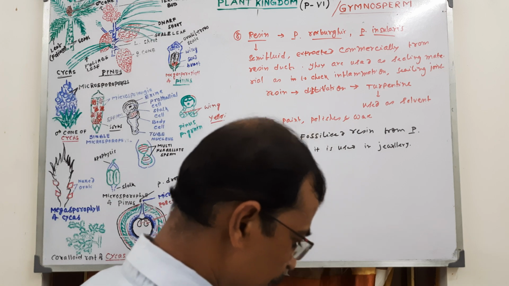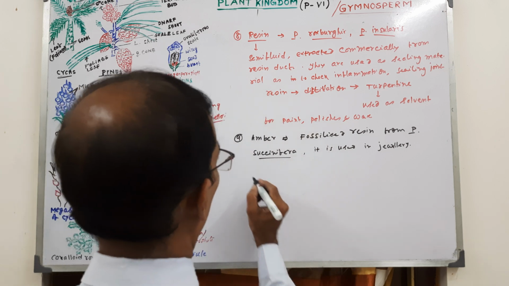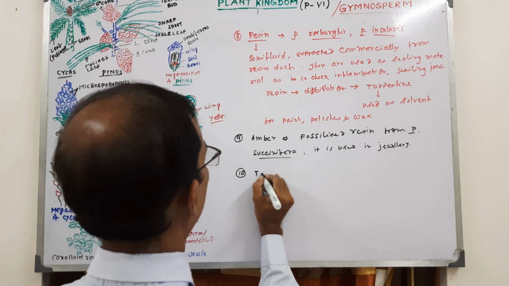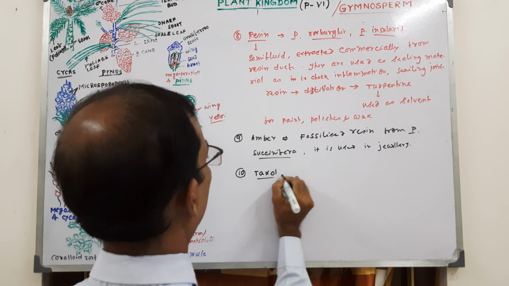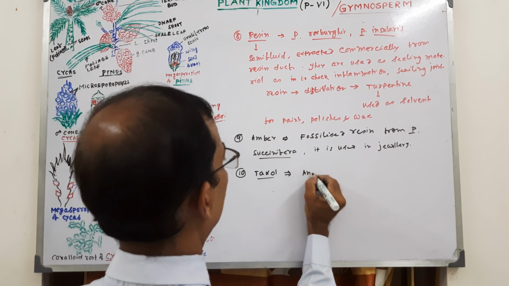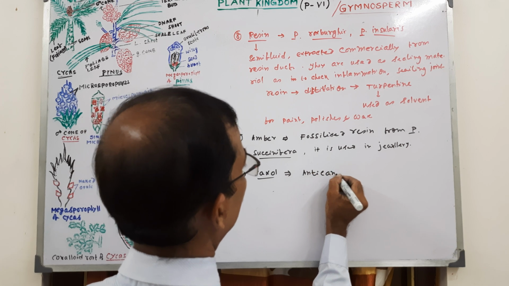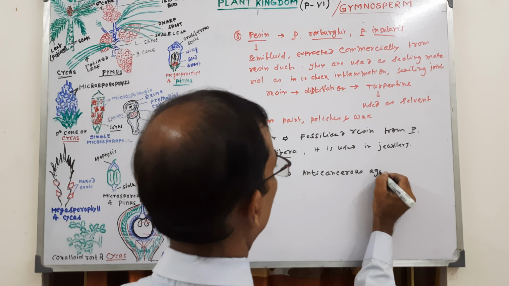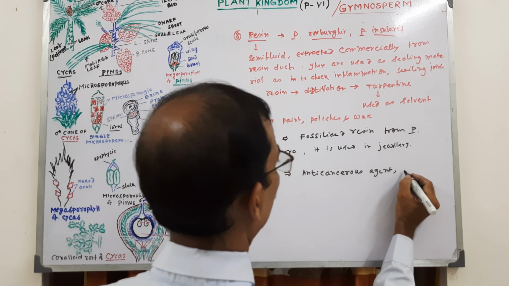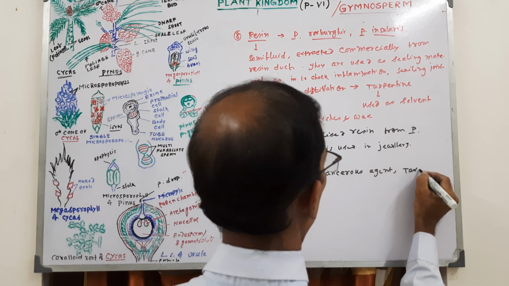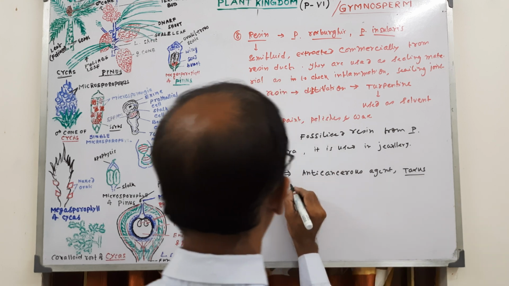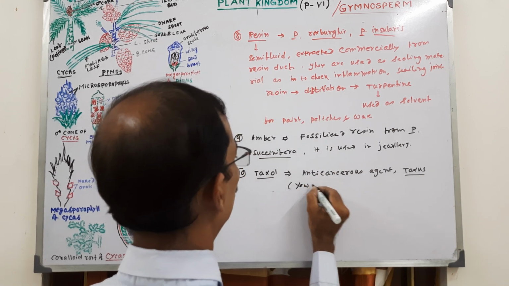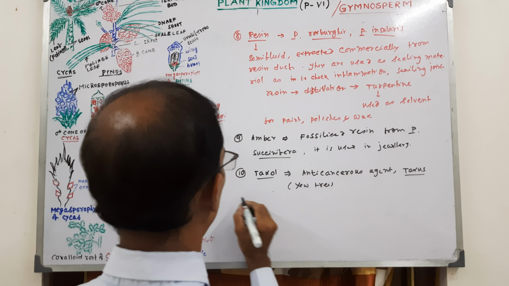Next about Taxol. It is an anti-cancerous agent extracted from Taxus, that is commonly called yew plant or yew tree.